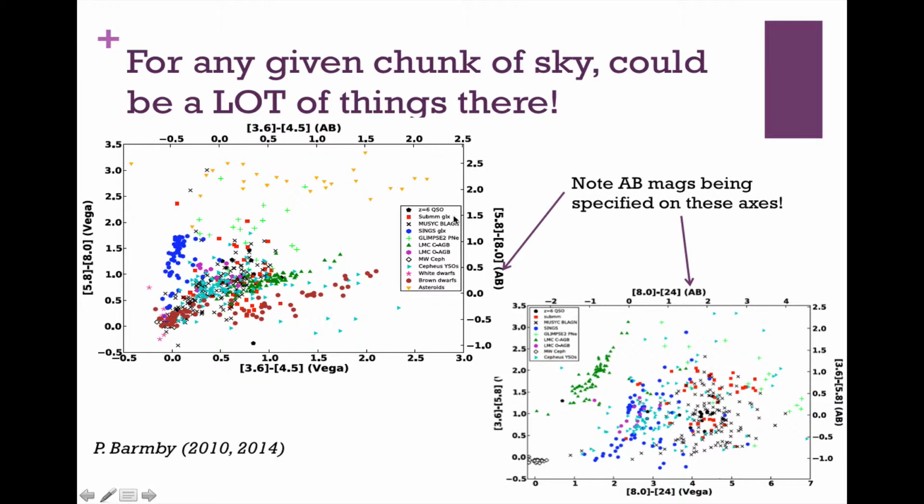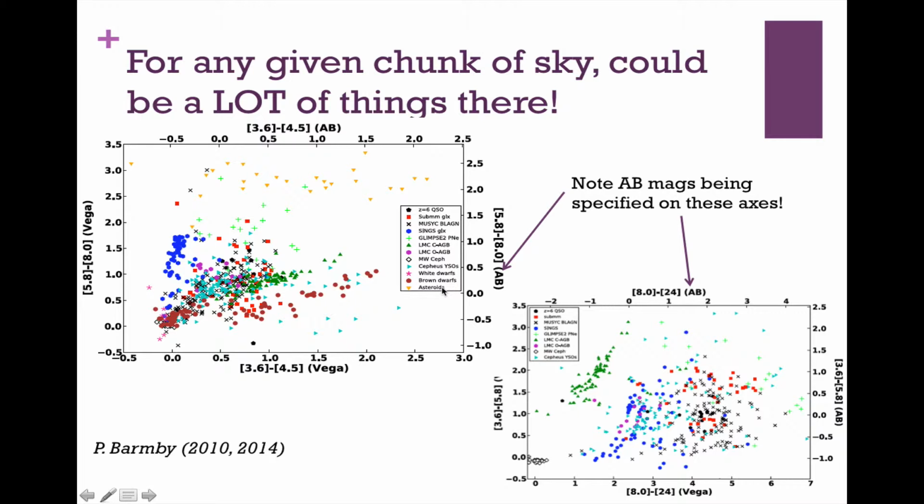She's got quasars, submillimeter galaxies, AGN, nearby galaxies from SINGS, planetary nebulae from GLIMPSE, the Galactic Plane Survey, two populations of AGB stars, asymptotic giant branch stars, from the LMC, the Large Magellanic Cloud, Cepheids from our Milky Way, YSOs from a particular field in Cepheus, like we're using, white dwarfs, brown dwarfs, and asteroids.